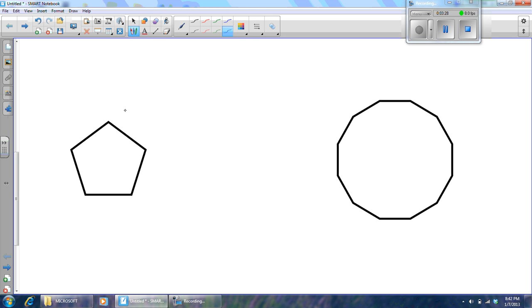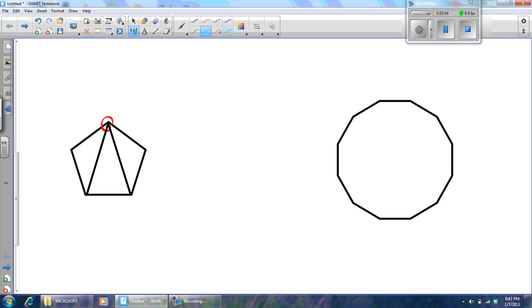Remember I said to base everything off a triangle. Well, here's what I'm going to do. I'm going to circle one of the vertices of the pentagon. And then I'm going to see how many triangles I can make out of the pentagon. Well, there's one triangle. And there's another. Looks like a pentagon has 3 triangles.